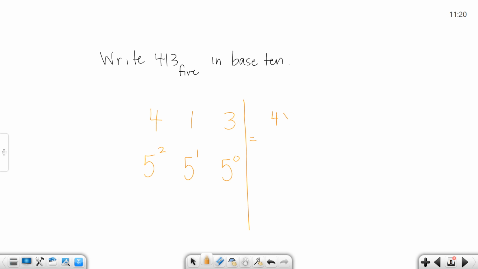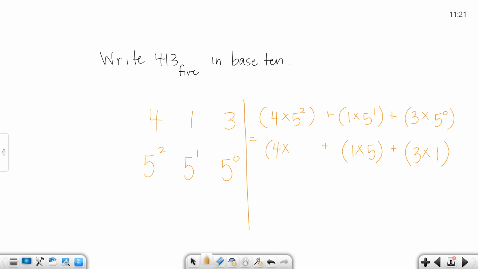So I'm going to have 4 times 5 squared, that's the first one, 1 times 5 to the 1, that's the second column, and 3 times 5 to the 0. Remember, 5 to the 0 is just 1. Anything to the 0 power is 1. In the middle, that's just 1 times 5. 5 to the 1 is 5.